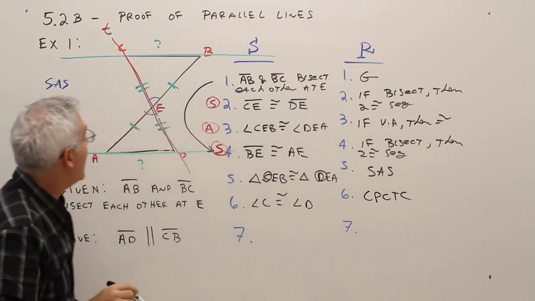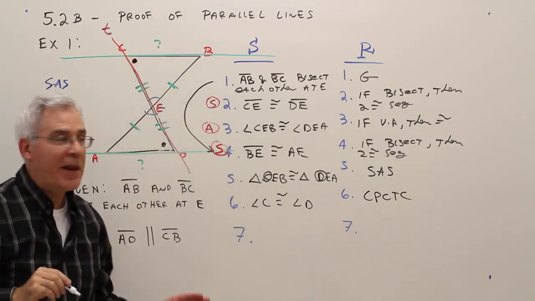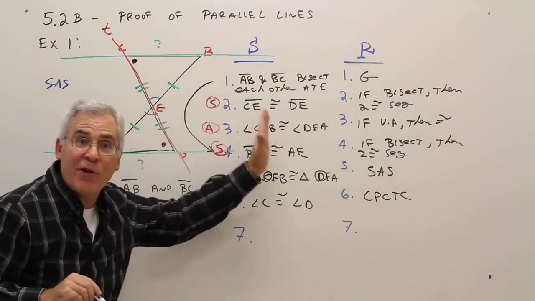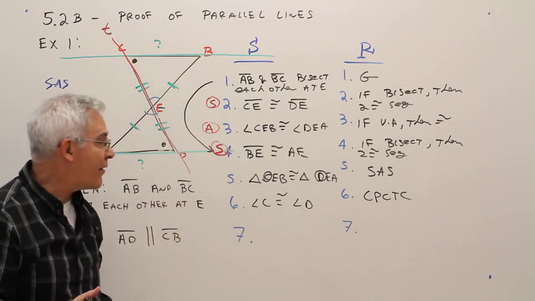And then we'll just put a dot there and a dot there. And that helps me visualize I'm on alternating sides, the transversal, and I'm on the interior of the two lines.